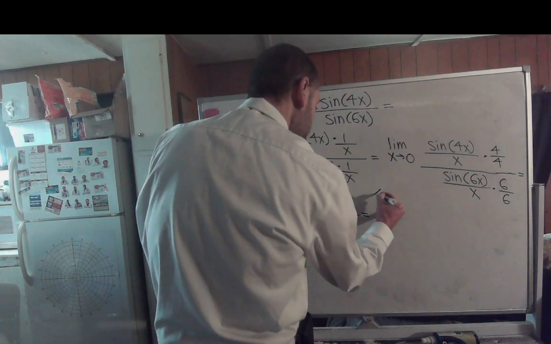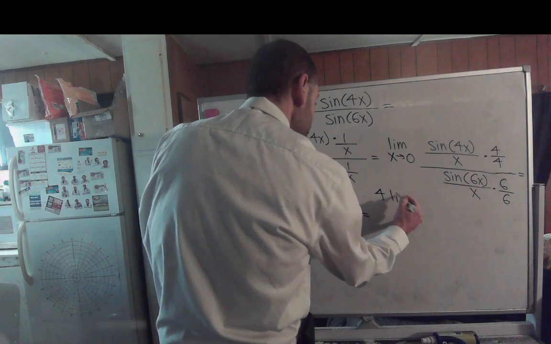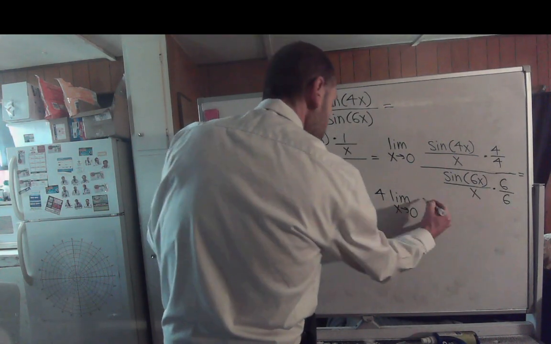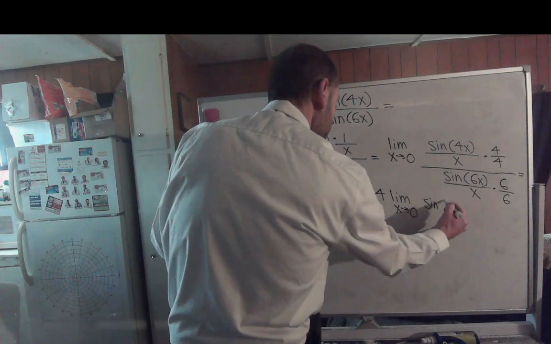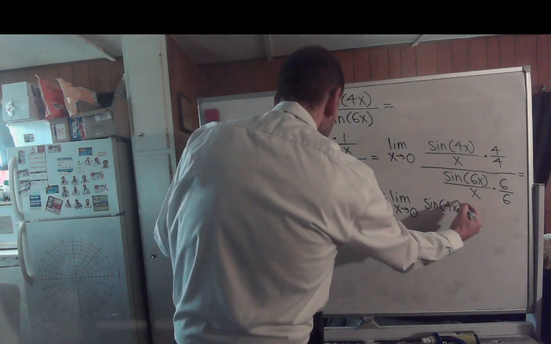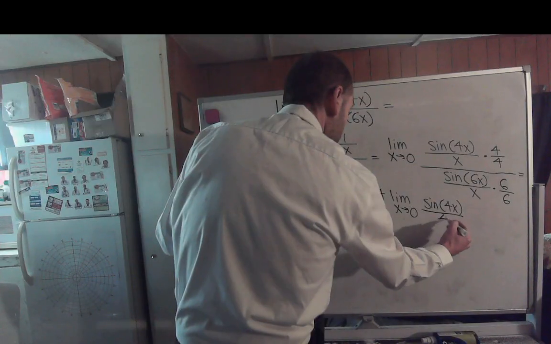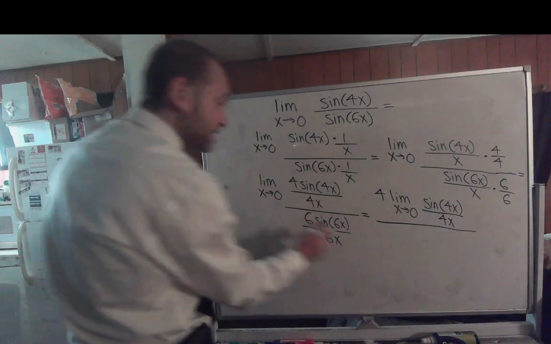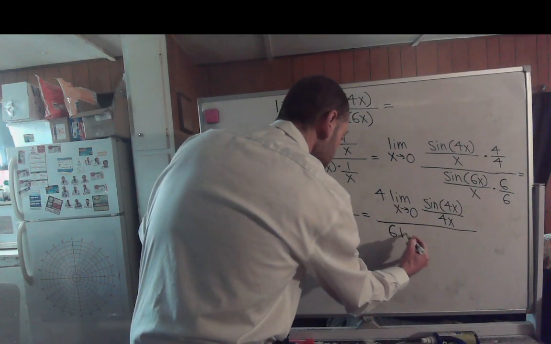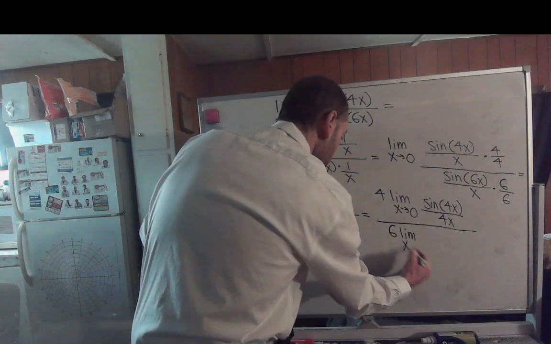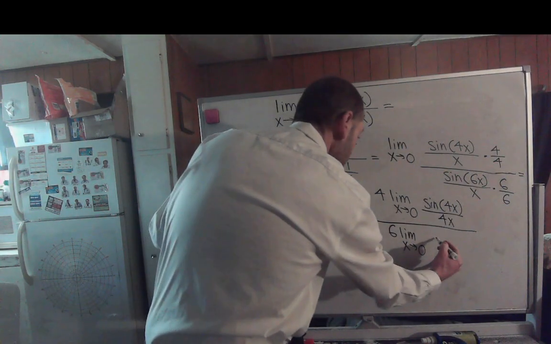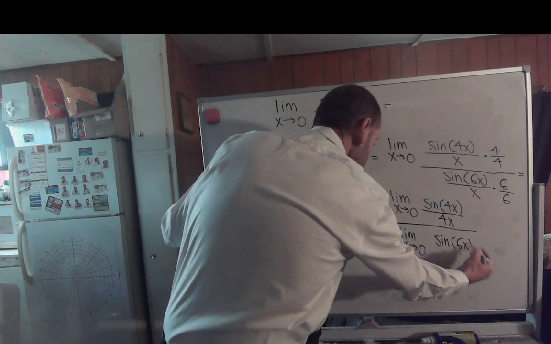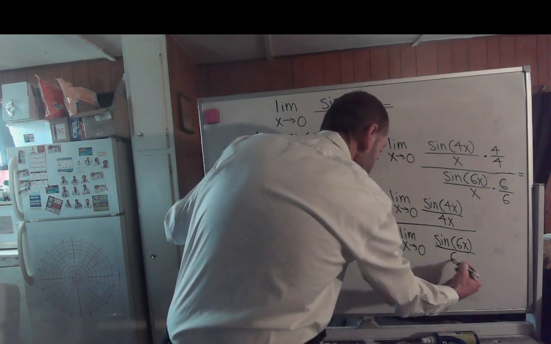This would equal 4 times the limit as x approaches 0 of the sine of 4x divided by 4x, all over 6 times the limit as x approaches 0 of the sine of 6x all over 6x.